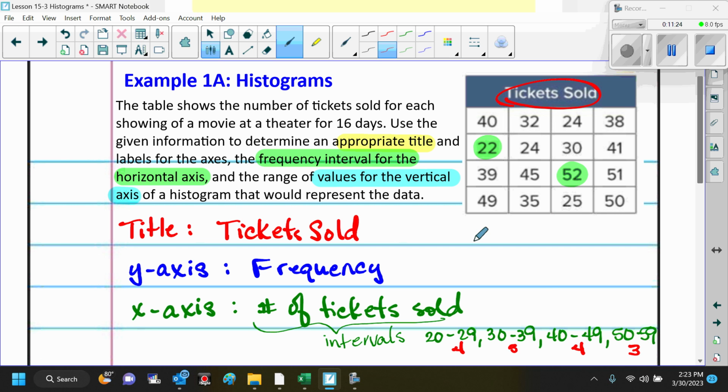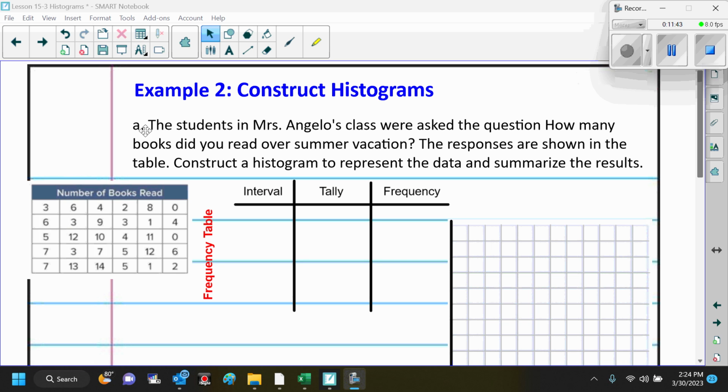So for our frequencies, we can count from 0 to 5, and we can count by ones, okay? And then we can put our table together.